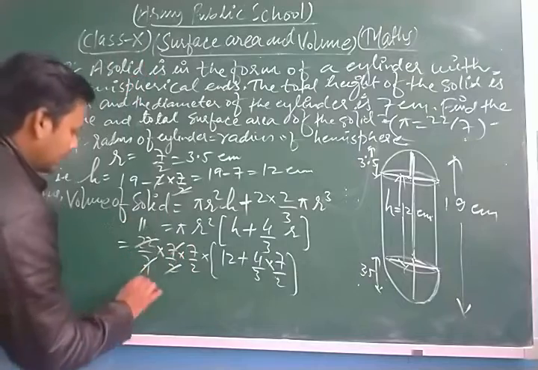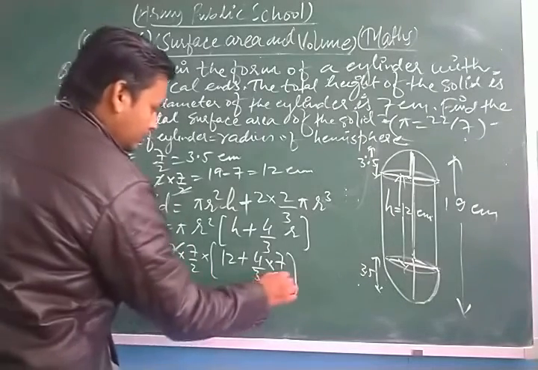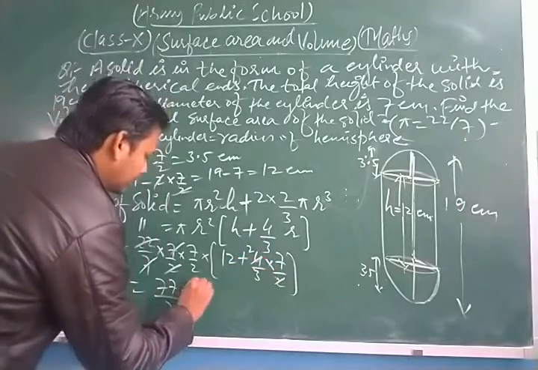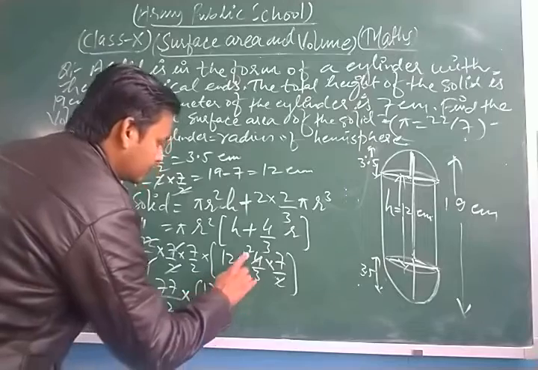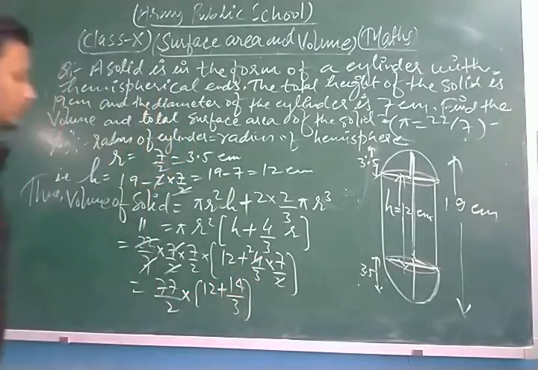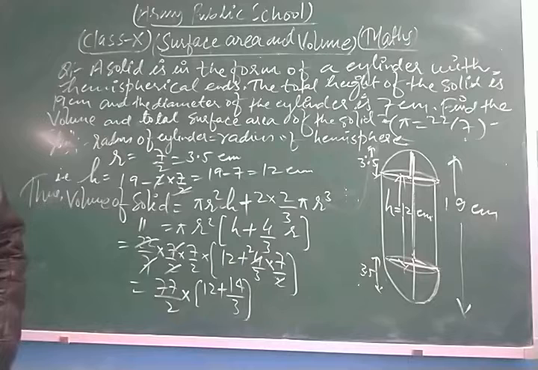This is 11, this is 77 upon 2 into 12 plus, 2 twos are 4, 14 upon 3.